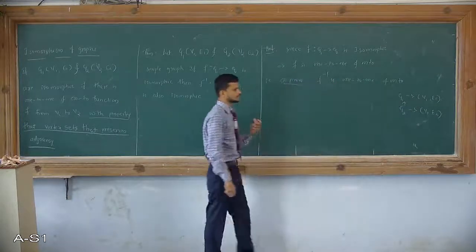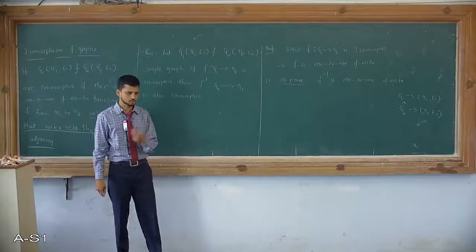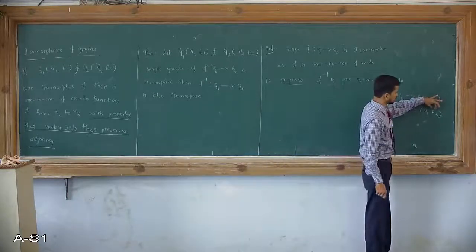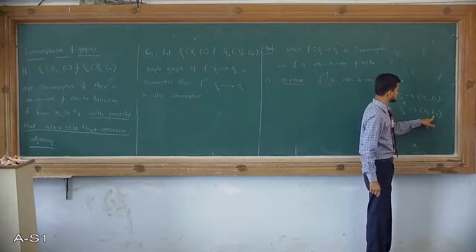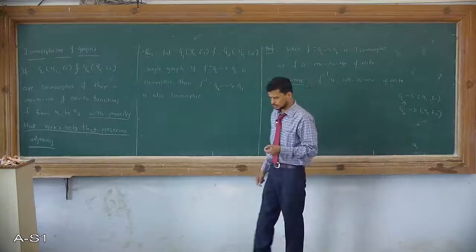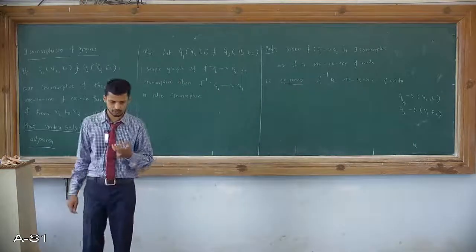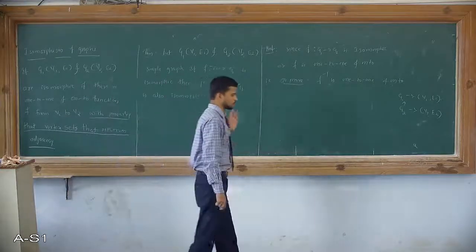In other words, if I am proving a graph from G2 to G1, if an edge exists in E2, we need to show that the corresponding edge exists in G1. If we show this adjacency preserves from E2 to E1, in other words G2 to G1, then our job is done.